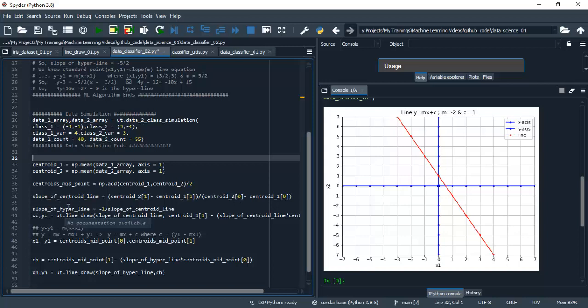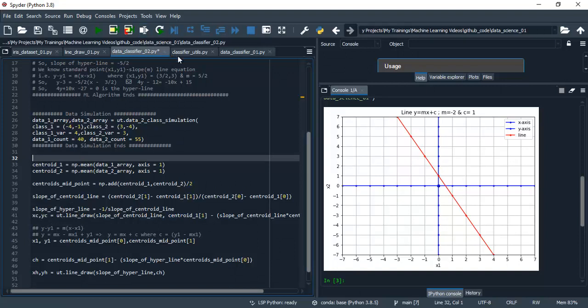Now the slope of the hyperline is nothing but -1, that is a proven mathematical theorem: -1 divided by the slope of the centroid line is equal to the slope of the hyperline. So automatically that slope will be assigned to the slope of the hyperline. Now, to plot the centroid line, we already have a ready function.